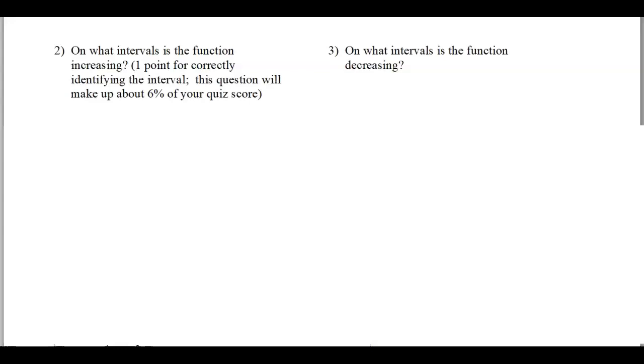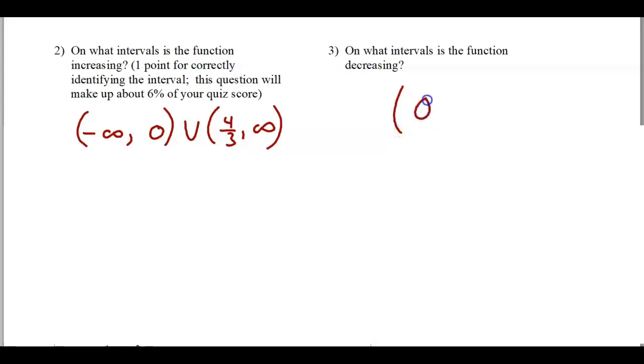So what we saw was that it was increasing on the interval from negative infinity up to 0, and it was also increasing on the interval from 4/3 to infinity. And it was decreasing on the interval from 0 to 4/3.